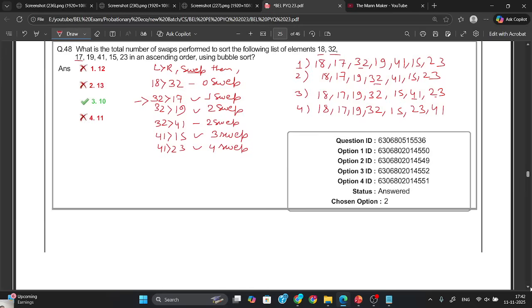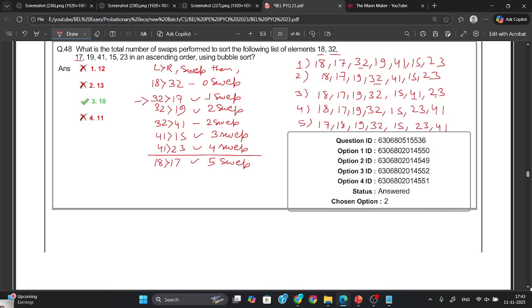So again we have to start with 18. We compare 18 and 17. This is satisfied, since 18 is greater than 17, so we do the next swap, the fifth swap. After the fifth swap it becomes 17, 18, 19, 32, 15, 23 and 41.